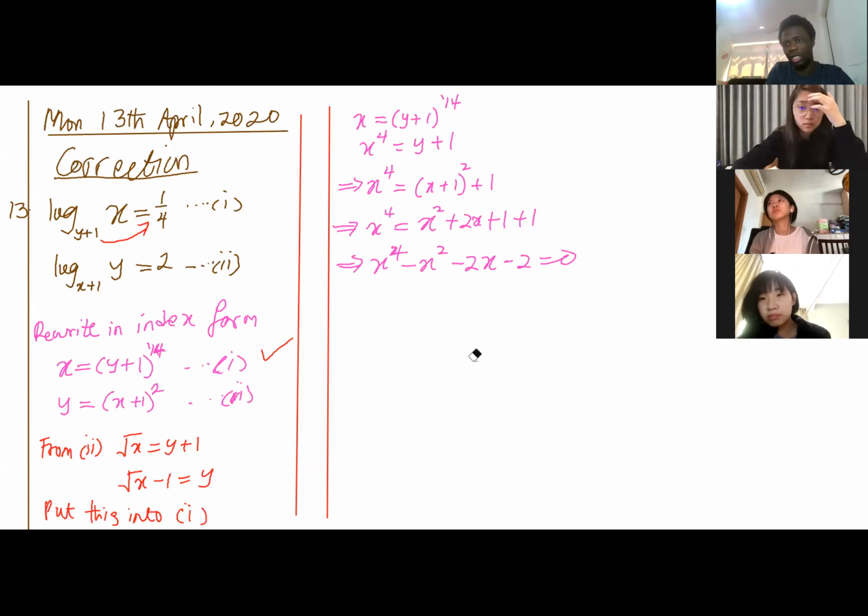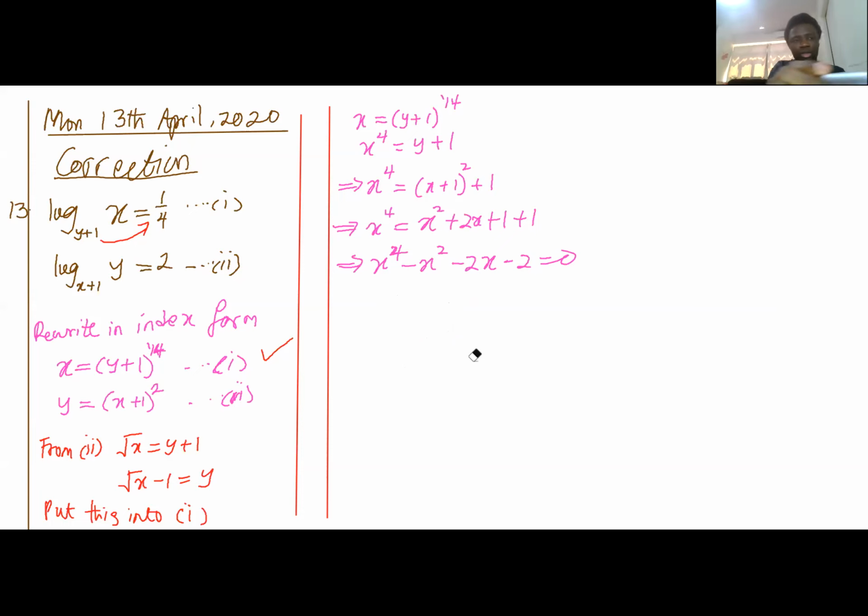If this was a standard exam paper, where you have done the factor theorem and all that, from here you will say, because I already know that when I put -1, it will give 0, I can, first, you will learn this later, guys. Let f of x be this: x to the power 4 minus x squared minus 2x minus 2.